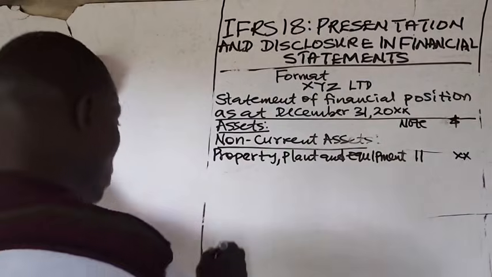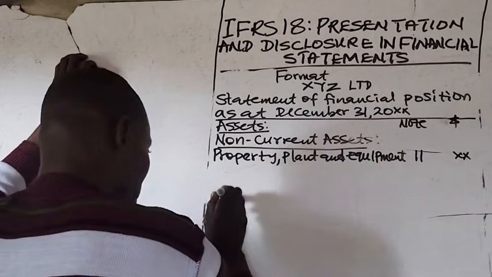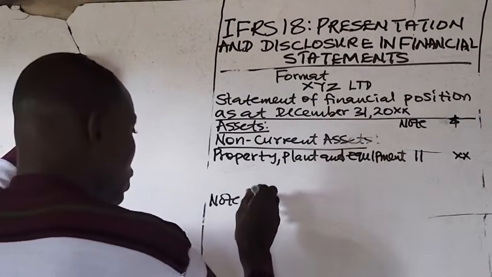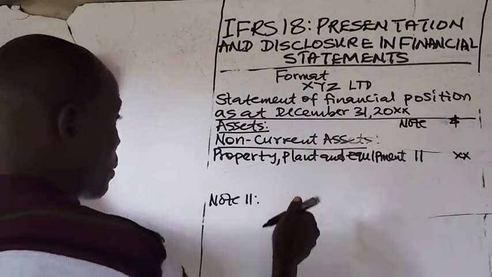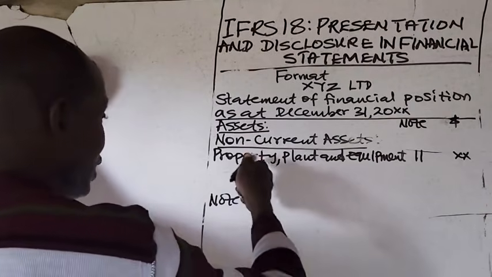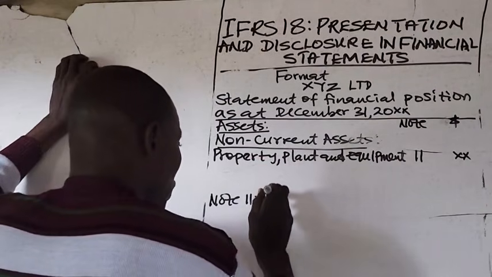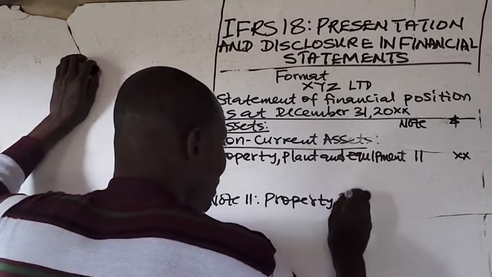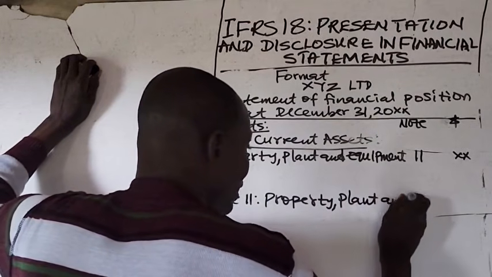Now, I want to have the note 11 now. Note 11, which shows the calculation of the figure of property, plant, and equipment that will appear in the statement of financial position. So you have property, plant, and equipment.